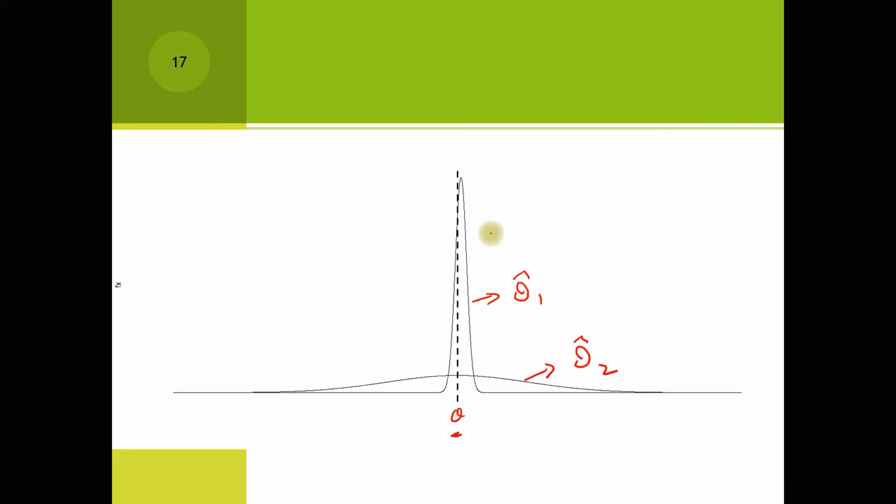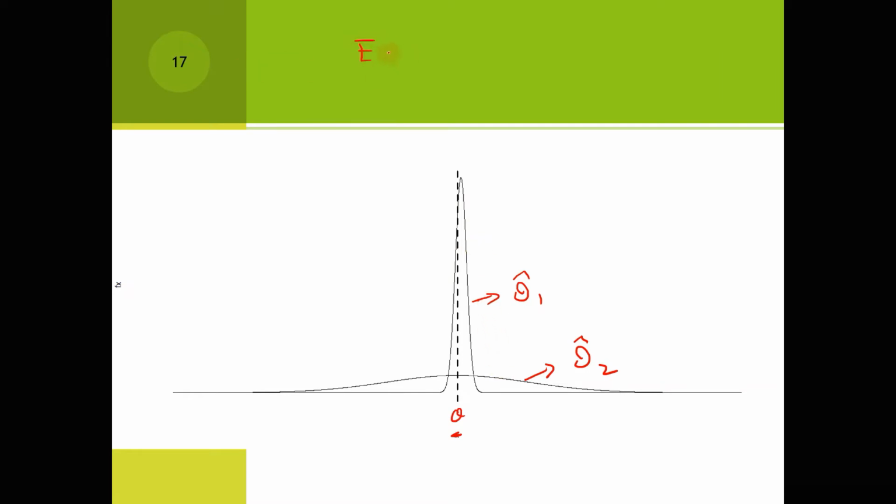You have two different point estimators that can be used to estimate theta. But this time, you will see that there is a small difference from what we showed earlier. This time, you will see that you have theta cap 2, which is here, and theta cap 1, which is here.